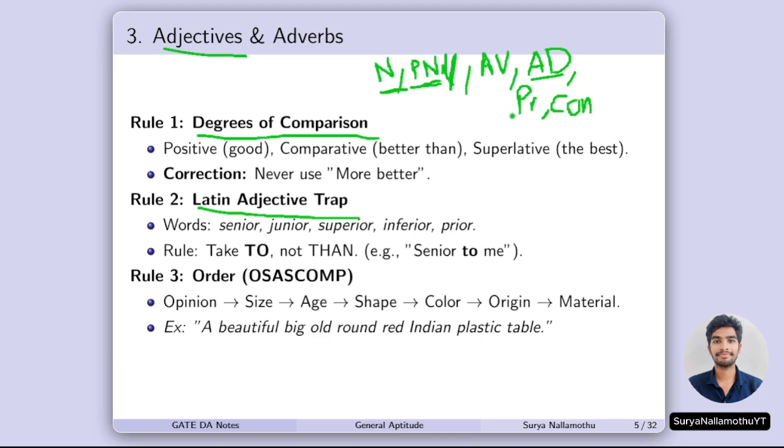And preposition and conjunction. Preposition is nothing but to, of, at. In those cases we use these prepositions. For the conjunction, either or, neither nor, these types we call conjunctions. Later I will explain.